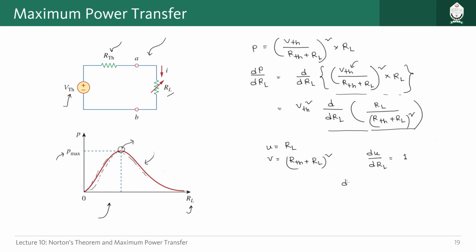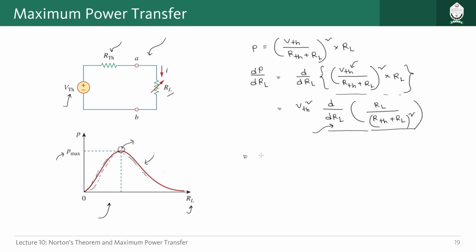And the derivative of V should be equal to the derivative of this one, so 2 (RTH plus RL). Then again we have to take the derivative of this one, which is nothing but 1, right? So this is the derivative of V with respect to RL. So we have these two things. We will just put the values in our final derivative here. So let us try to do that.